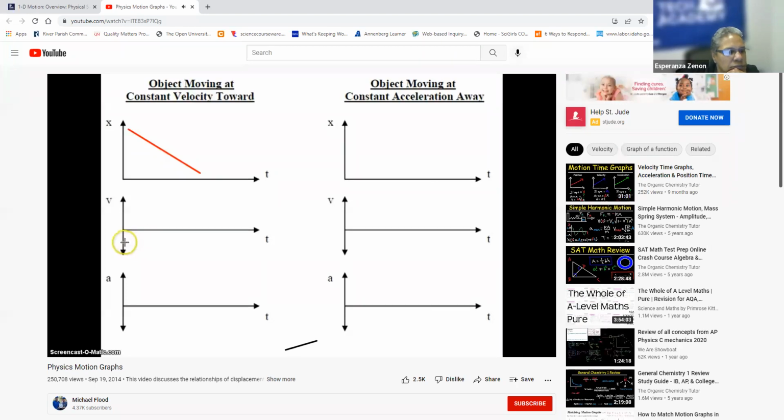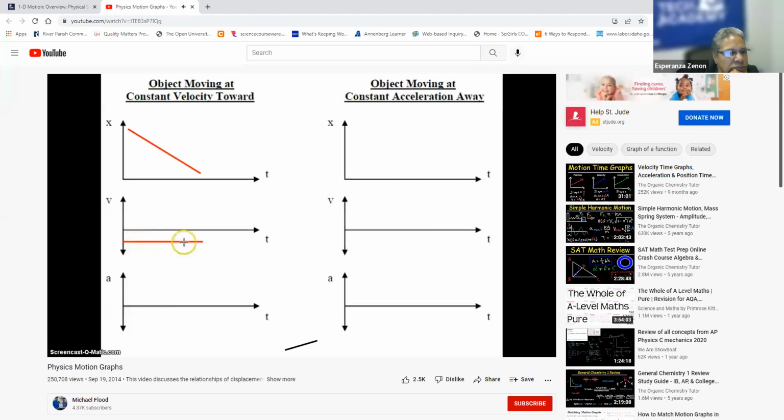Well, constant velocity again means that we're going to have a horizontal straight line. This time though, our horizontal straight line is below the time axis. The slope of this line is negative, indicating negative velocity, meaning that it's going toward. So the first lesson we pick up here on VT graphs is that when your line is above the time axis for a VT graph, that means the object is moving away from the point of origin.